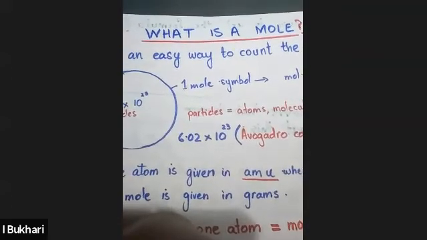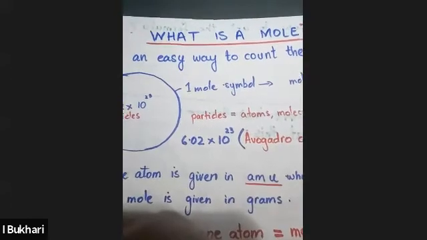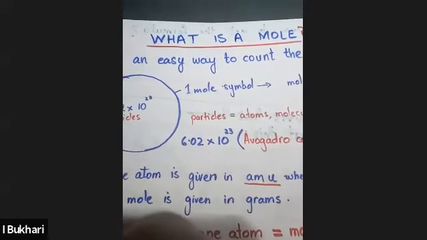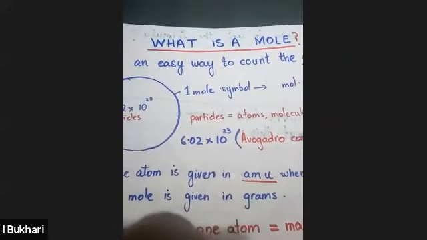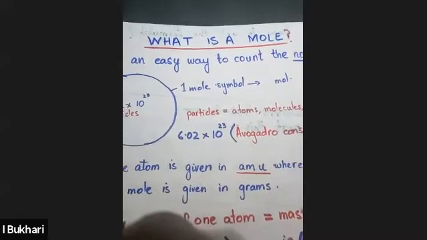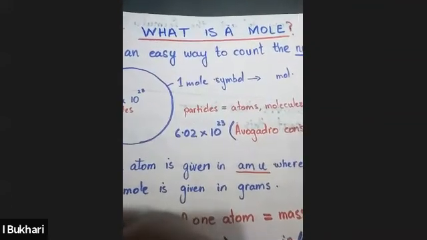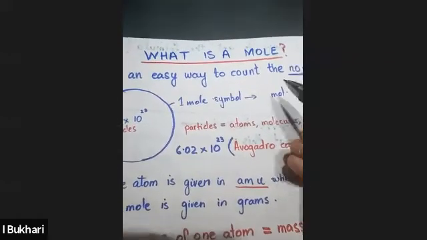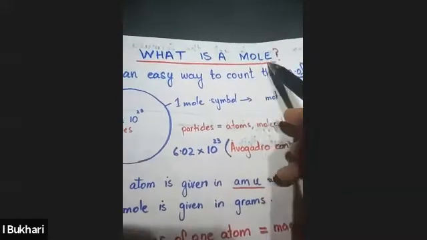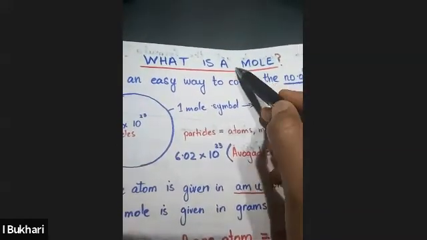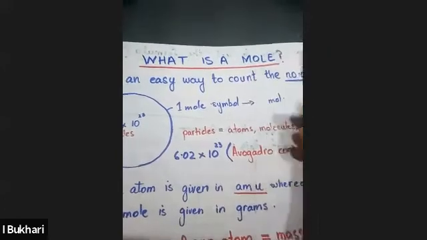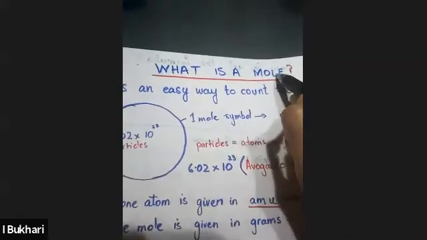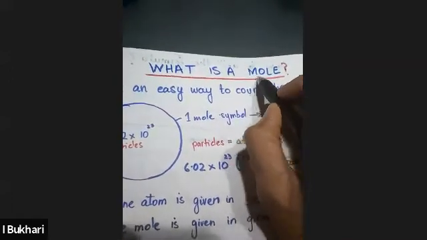So in 1 tablespoon, 1 million grains are there. 2 tablespoons meaning 2 million. 3 tablespoons meaning 3 million. So I can easily add, subtract, provided I know how many grains there are in 1 tablespoon. You can think of the mole as a tablespoon for chemists. They came up with this concept of mole. So instead of the exact number of atoms, they just use mole, provided they know how many atoms are there in 1 mole.